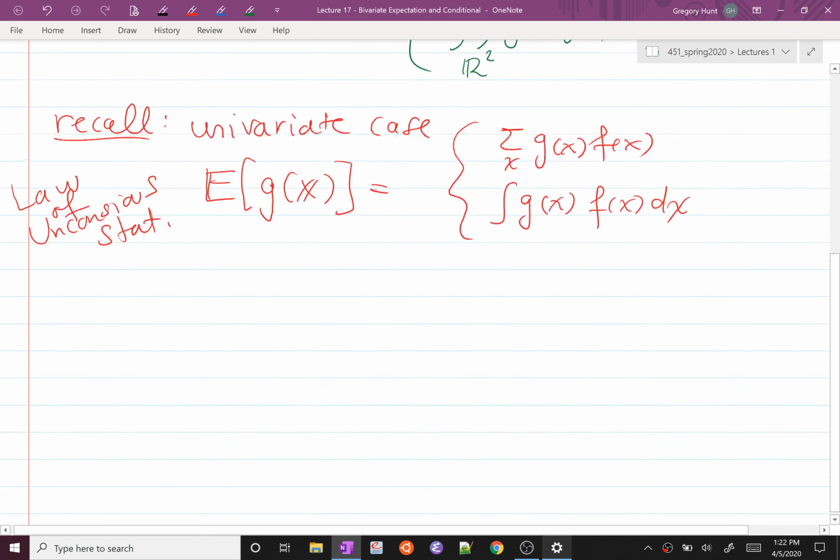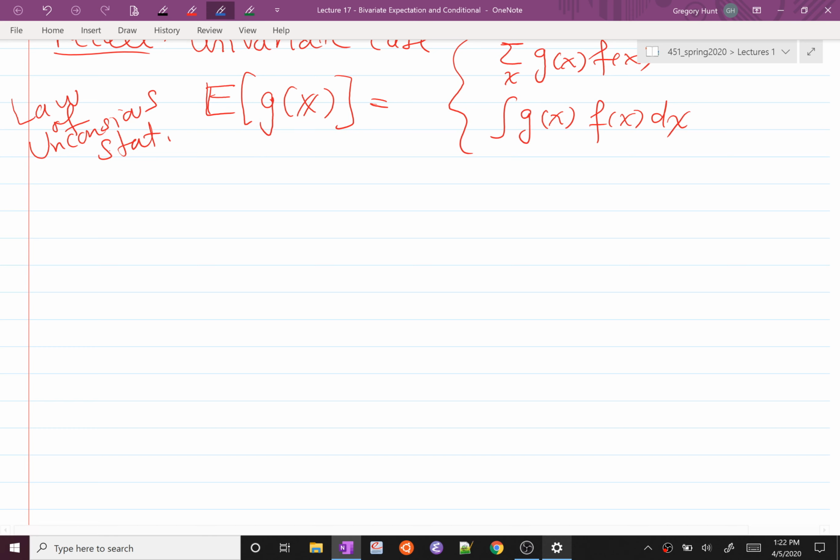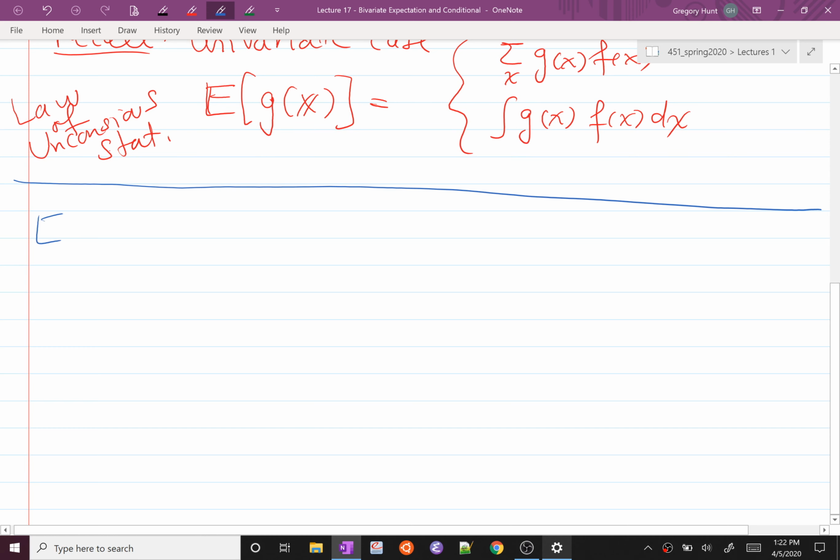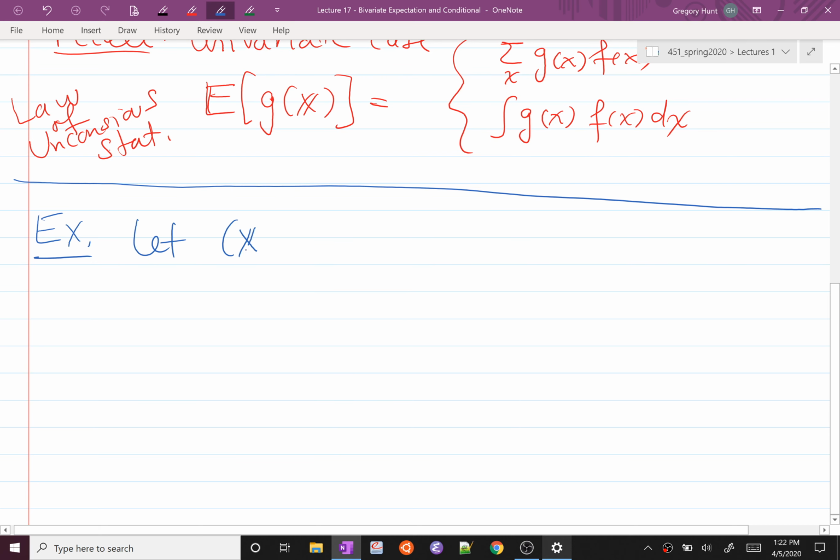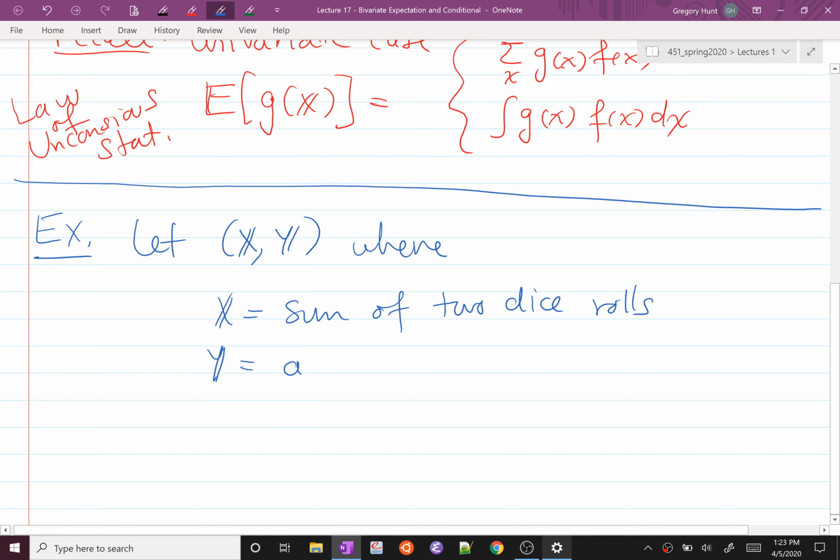So let's look at an example, a discrete case example. Let us look at a bivariate random variable, x comma y, where x is the sum of two dice rolls, and y is the absolute value of the difference between the rolls.